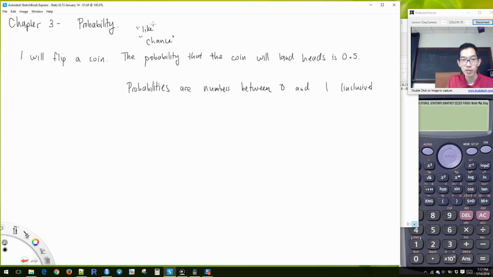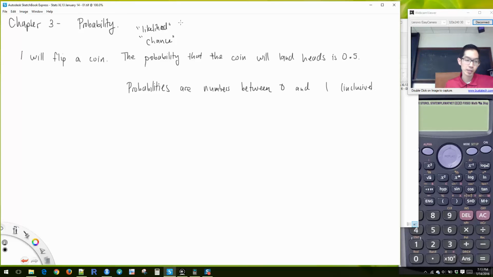Okay, we've got several synonyms for the word probability, but what do these statements mean, right? For someone to say the chance that a coin will land heads is 0.5, what exactly does that mean?